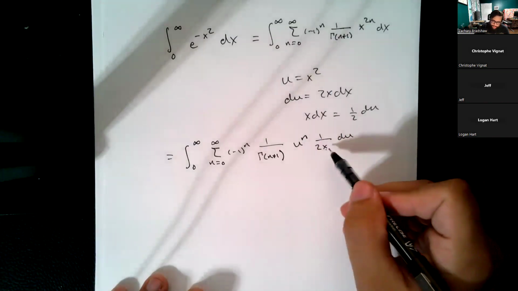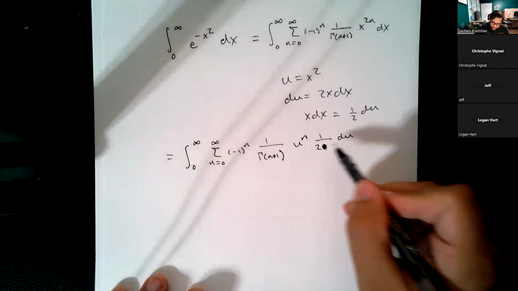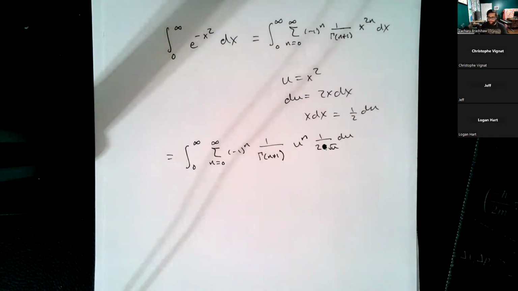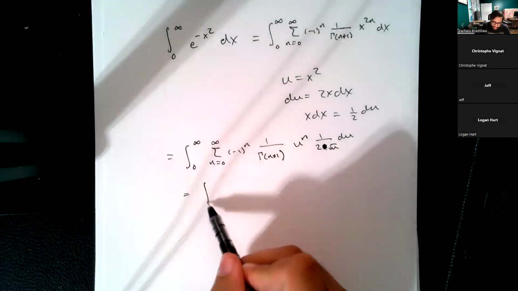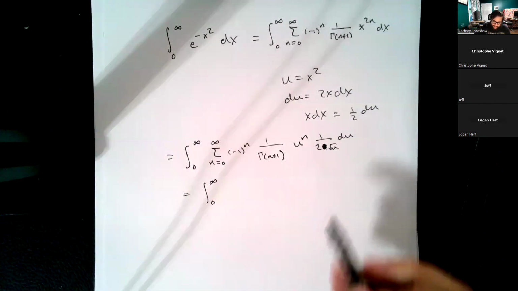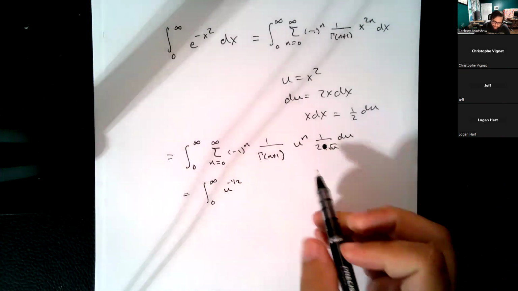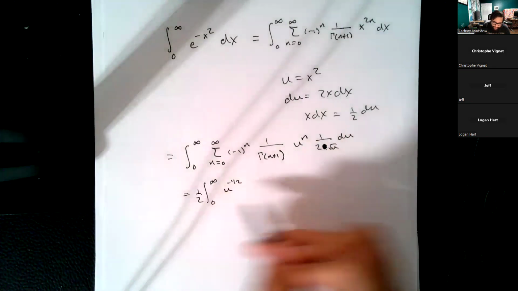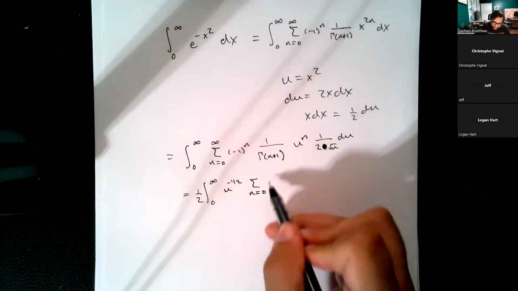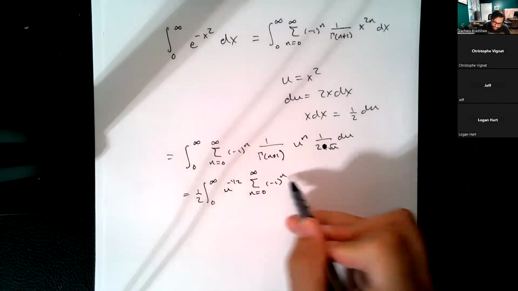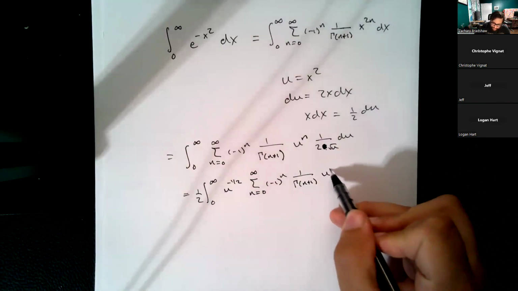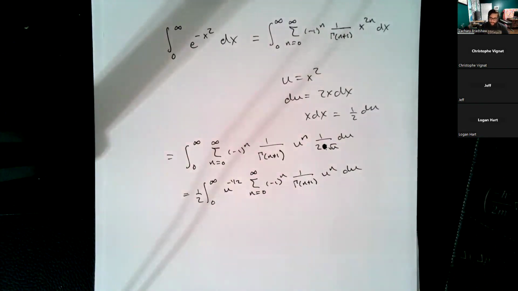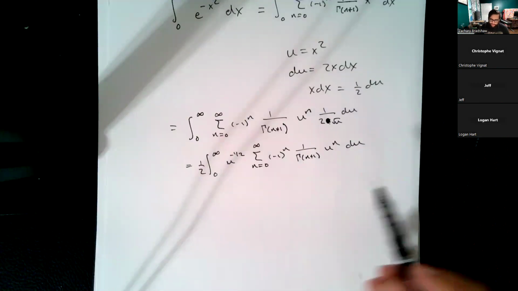It's just the square root of u. Okay, so that's the same as the integral from 0 to infinity of u to the minus 1/2, I'll pull the 1/2 out front, sum from n equals 0 to infinity, minus 1 to the n, 1 over gamma of n plus 1, u to the n du. Now I can apply Ramanujan's master theorem.